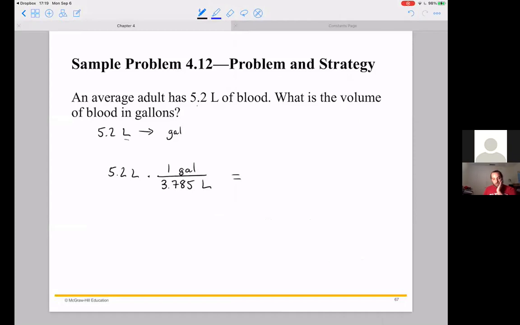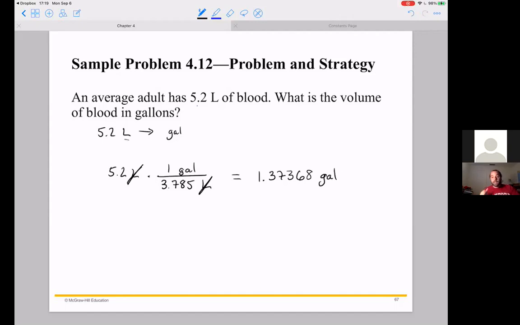Okay. Step 1, punch it into your calculator. We get 1.3736 gallon. Step 2, units. Liter cancels with liter, and I'm left with gallons.